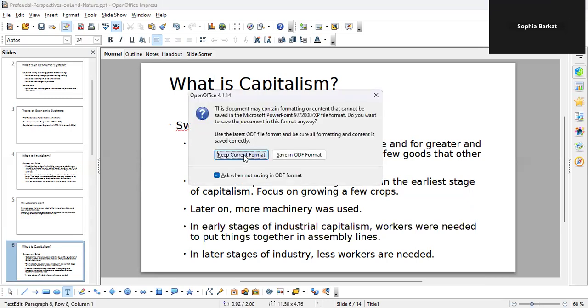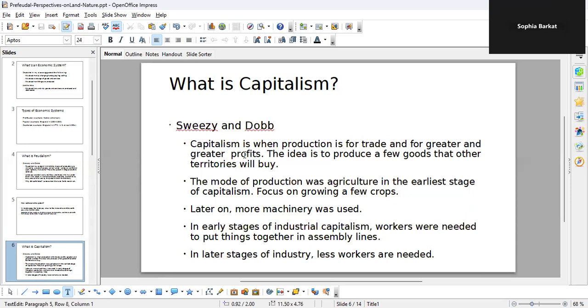In early stages of industrial capitalism, workers were needed to put things together in assembly lines. So here we see this is a new type of capitalism. In the earlier form, we have agricultural capitalism, and then we move to where production is set up in factories or shops, and it's not about extraction from nature.